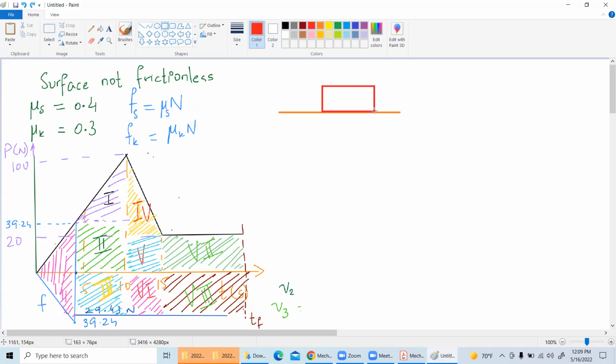Again, we have force that is being applied. What was the force? Like this, right? Probably from this direction. P of T. M is equal to 10 kilogram.